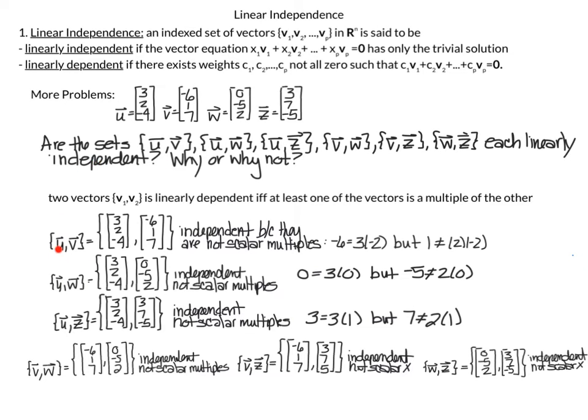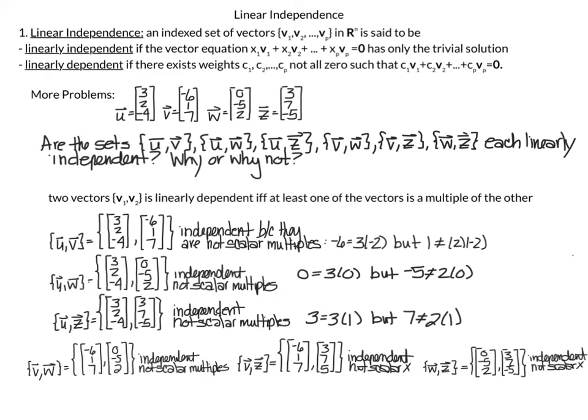So let's look at u and v, where u is (3, 2, -4) and v is (-6, 1, 7). If we focus first on the first coordinate, to get from 3 to -6, you'd have to multiply by a scalar of -2. However, for the second and third coordinates, -2 will not work for either of them. So there's not one single scalar you can multiply the first vector by to get the second vector, or vice versa.